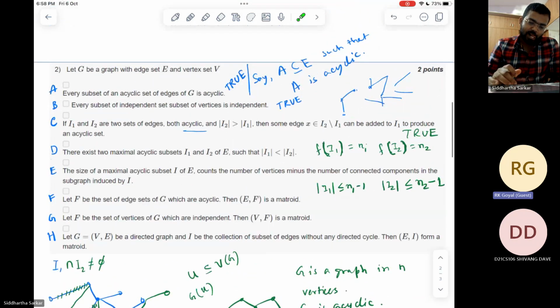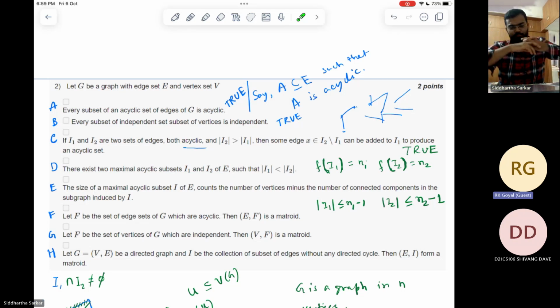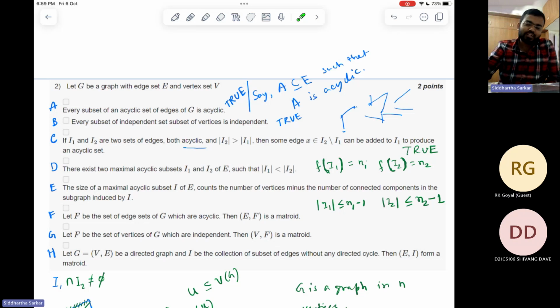This says that there exist two maximal acyclic subsets of E, and they are talking not only about acyclic subsets, but the maximal ones. Exactly. Since the acyclic subsets are maximal, how is it possible that the cardinality of the other one is greater than I1? Okay, then we can mark it false. If that is the intuition, we'll mark it false. In fact, this is false.